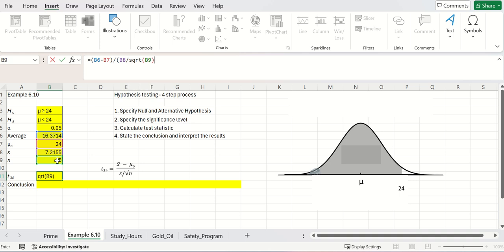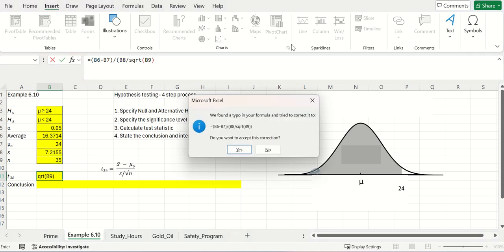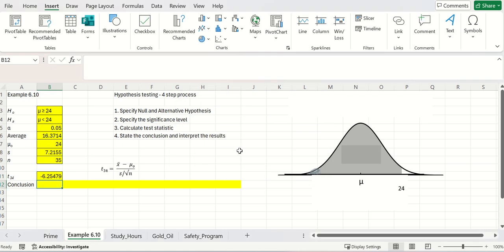Make sure that everything is closed off. It says we have a typo, let it correct it, and we come up with a value of minus 6.2479.